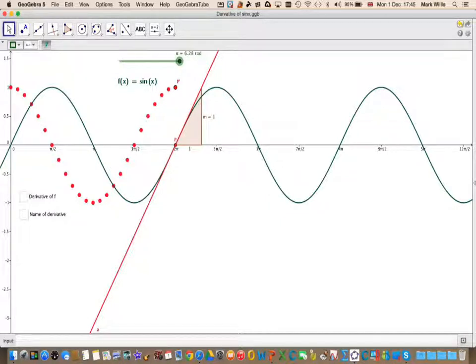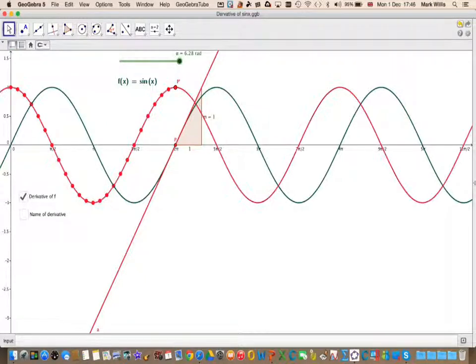Well, looking at it closely, we can see that that is actually y is equal to cos x. So there it is, y is equal to cos x. So we can actually see just by looking at the graph that the derivative, and remember when we find the derivative, we find the gradient function, is actually f dash of x equal to cos x.